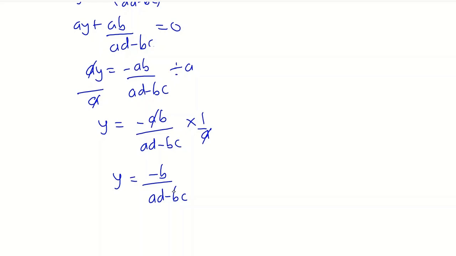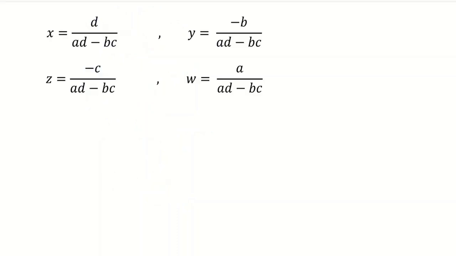So basically, we've been able to find the values of X, Y, Z, and W. To summarize our solution, X is equal to D divided by AD minus BC, Y is equal to minus B divided by AD minus BC, Z is equal to minus C divided by AD minus BC, and W is equal to A divided by AD minus BC.